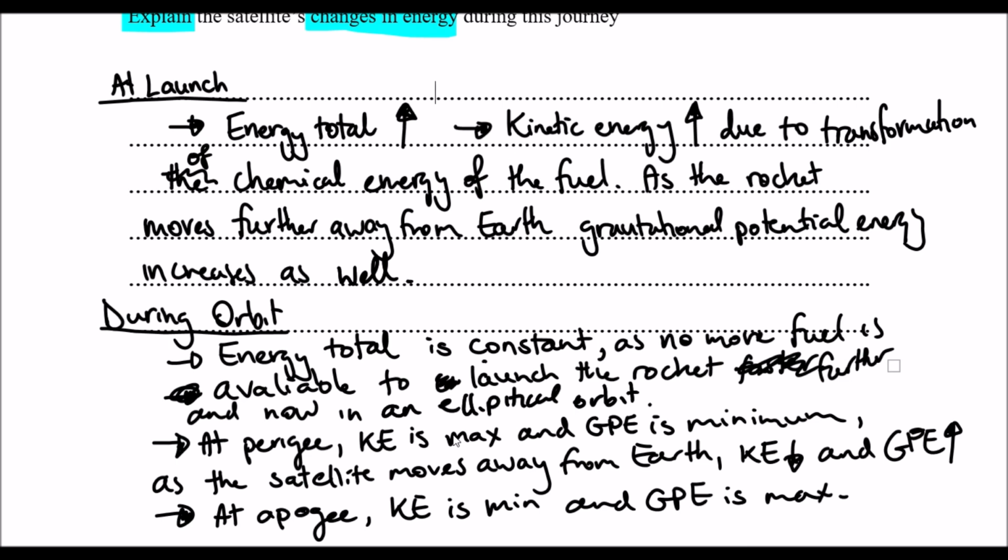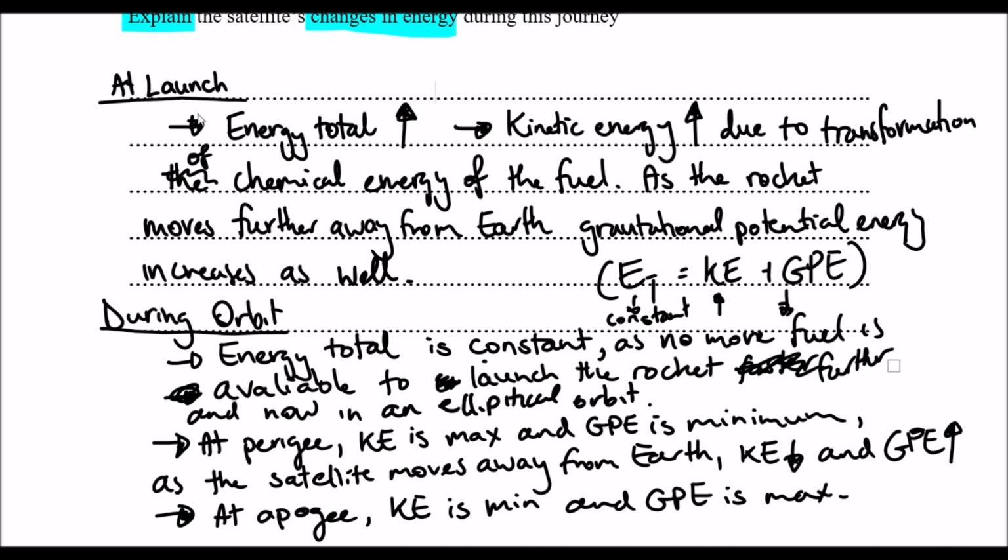So there is a distinct relationship between the two. We already said the total energy is equal to kinetic energy plus gravitational potential. So if this goes up, this must come down if this is constant. Okay, so that's the relationship that we demonstrated here.